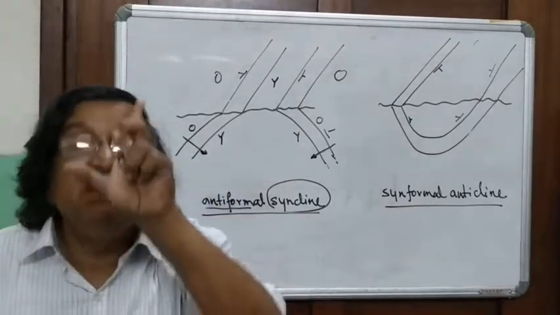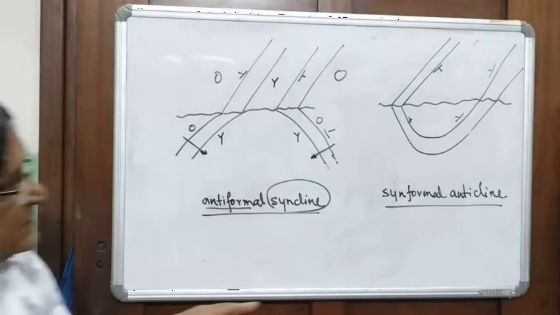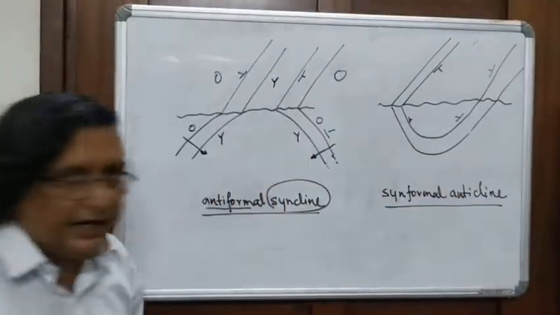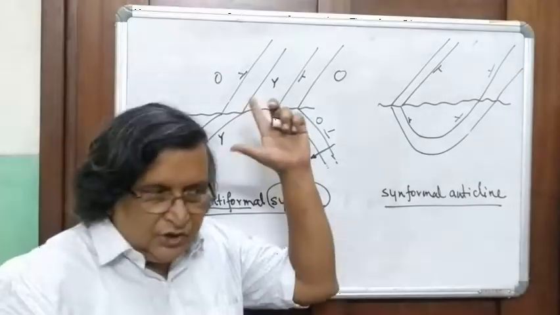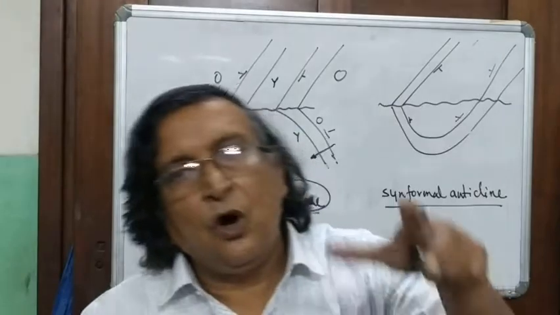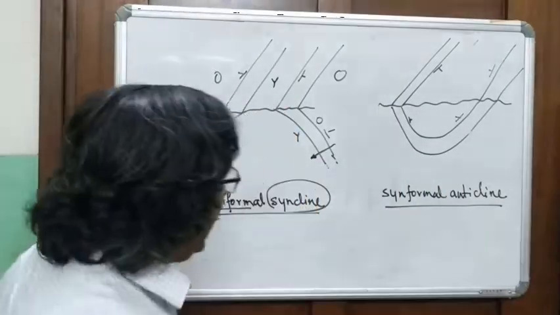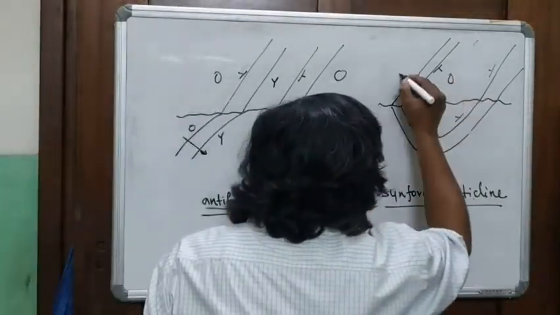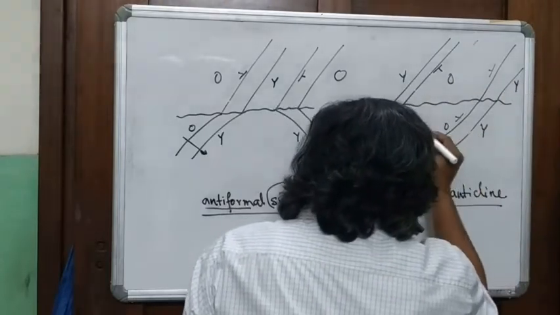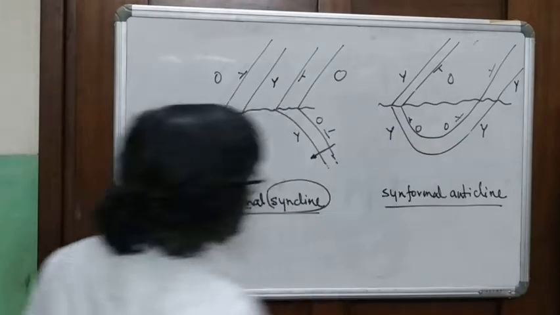Not syncline, synform. But it says it's an anticline. In an anticline, the older rocks occur at the core. So we have old, young, young, young, old, old, young.